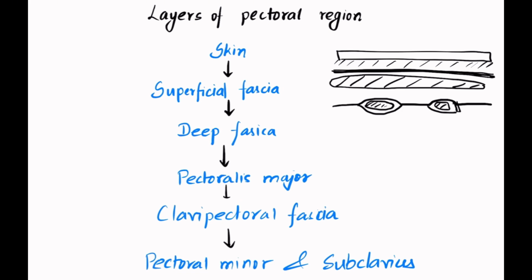So number 1 is the skin, number 2 is superficial fascia, number 3 is deep fascia, number 4 is pectoralis major muscle, number 5 is clavipectoral fascia, and number 6 are the muscles which are wrapped by the clavipectoral fascia, pectoralis minor and subclavius muscle.